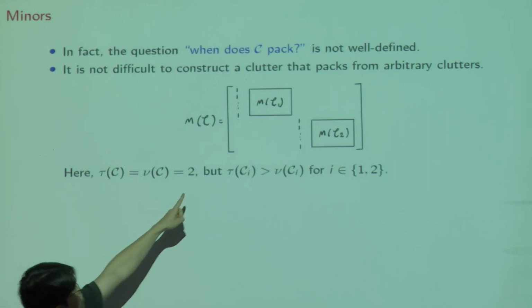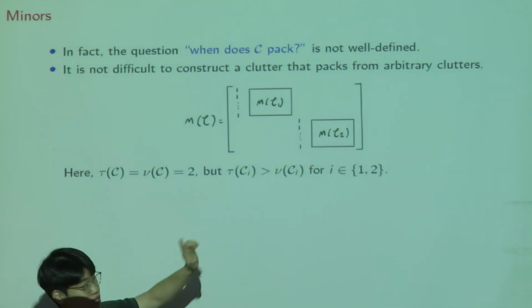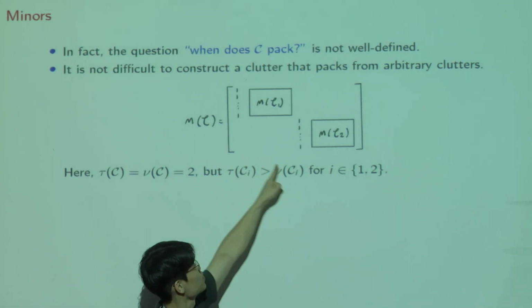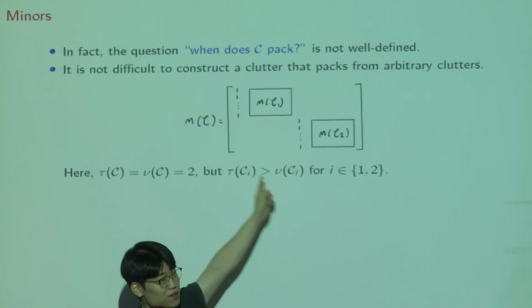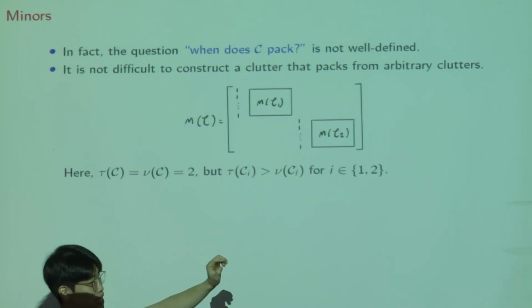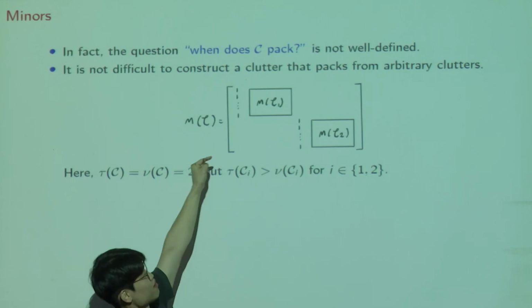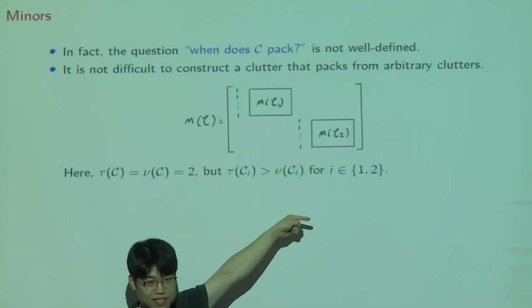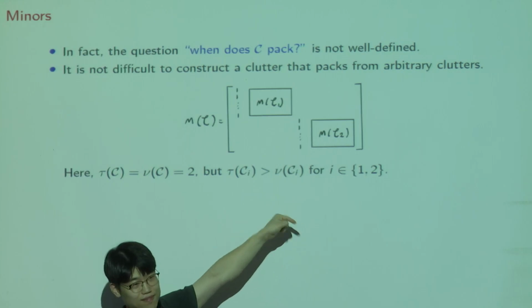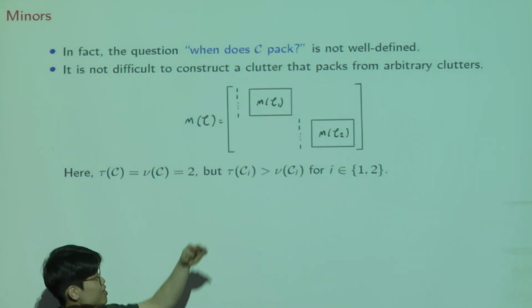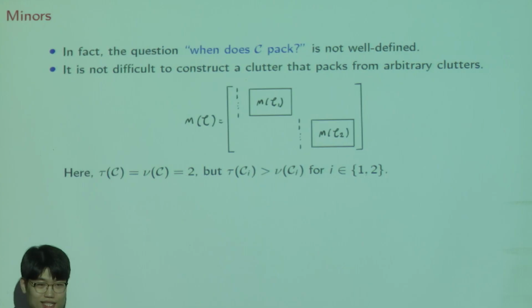The covering number is 2 because I can take these two columns and they will intersect all these members. But the packing number is also 2. I can take any arbitrary row from the first part and any row from the second part. So this is a somewhat silly example of making a clutter pack.